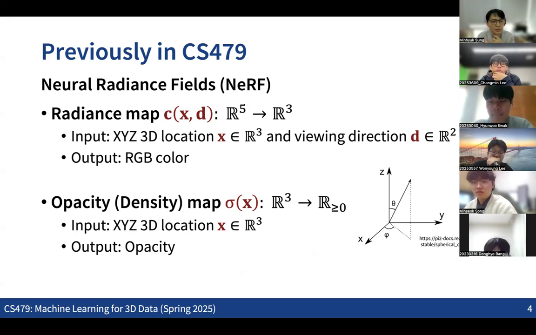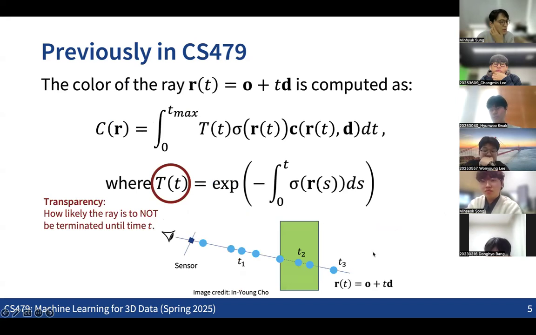And the key of the opacity is that this is the information which is also used to calculate the transparency. What we have seen last time is that the opacity gives the information about how likely the ray will be terminated at a certain point, how much the ray will stop at that point. Based on that, the notion that we are introducing here is the transparency, which is the probability of how likely the ray will not stop until that point.